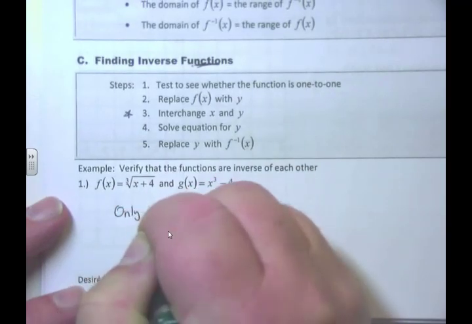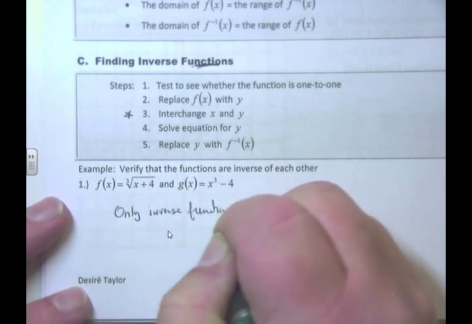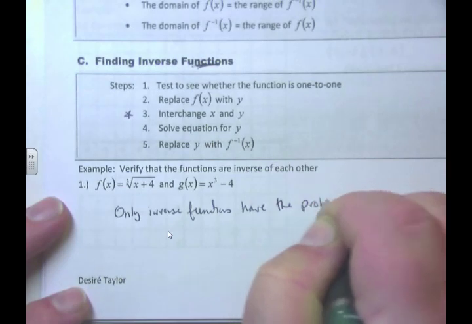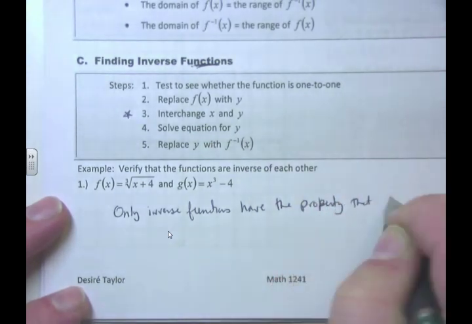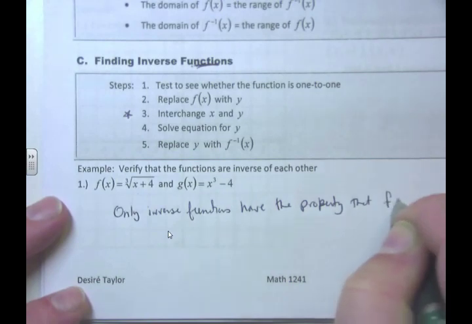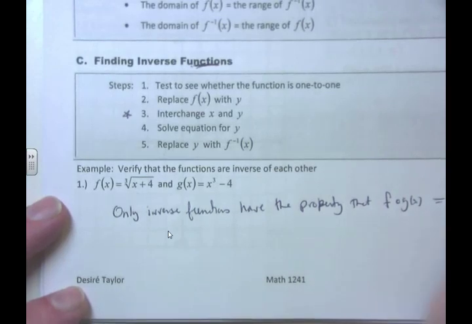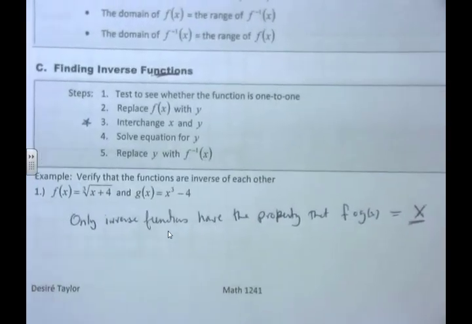Only inverse functions have the property that when I take f composed with g of x, after I clean it up, x will pop out. So here's the real test. It's actually a theorem that I'm using to test for inverses.